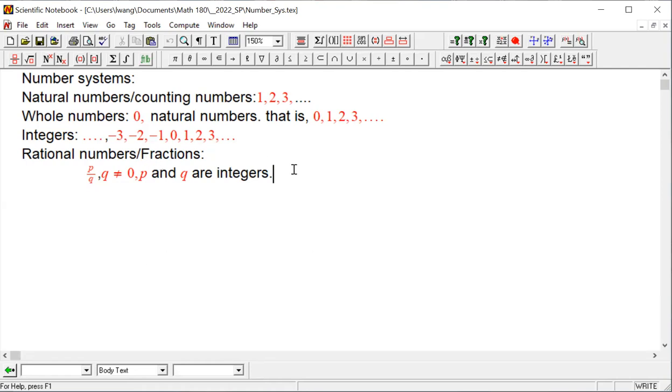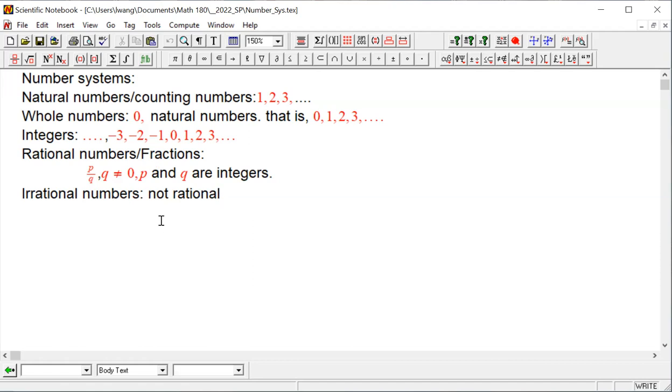But why do we use rational numbers? Because next we're going to talk about a category called irrational numbers. What are irrational numbers? Irrational numbers are any numbers that are not rational.